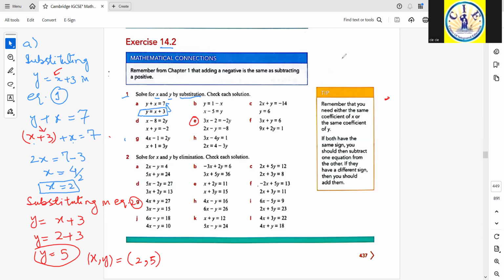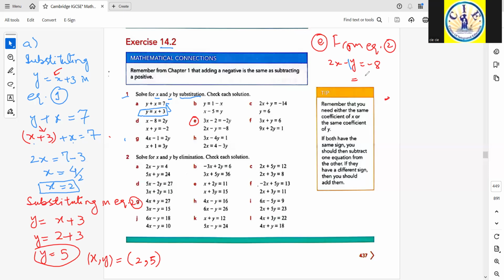This is part E now, and I write from equation 2, 2x minus y is equal to -8. We need to have the value of that variable which has got coefficient 1, as y has got coefficient 1. So we would be making y the subject.